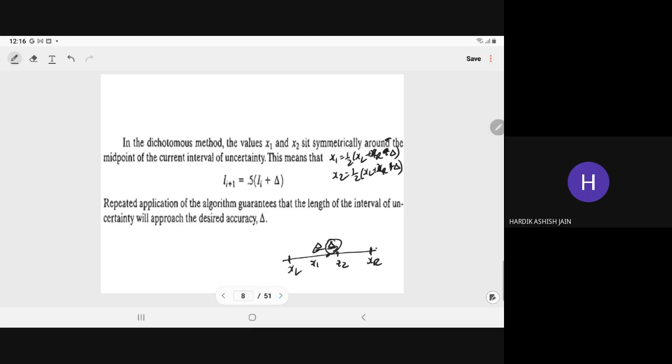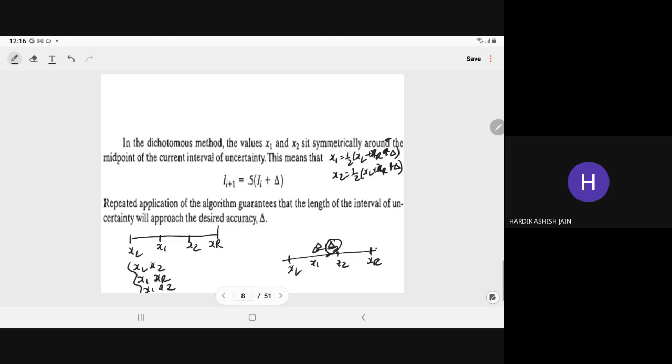Now here we have the initial interval xl and xr. From there we compute x1 and x2. Depending on the values of f(x1) and f(x2), we can have the next interval as either xl to x2, or x1 to xr, or x1 to x2.